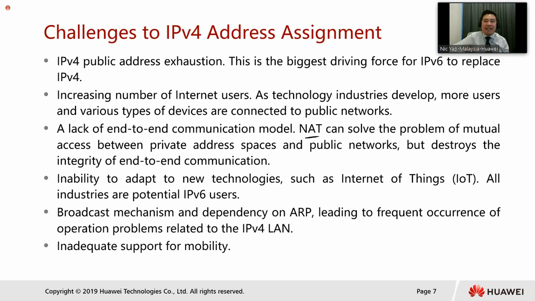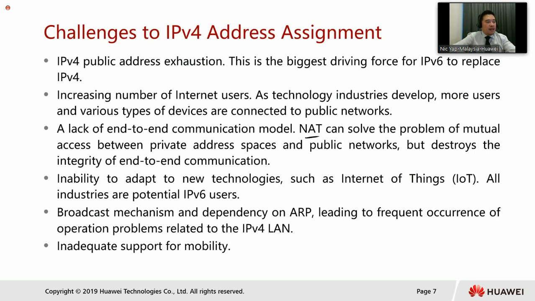But by using NAT, you are destroying the integrity of end-to-end communication. It means that from end to end, you do not know where the source and the destination are, because the end-to-end is private, going through the internet as public. So it will be hidden behind your NAT server. That is also considered a form of security. Just that on the end to end, you have no idea who is from where to where.